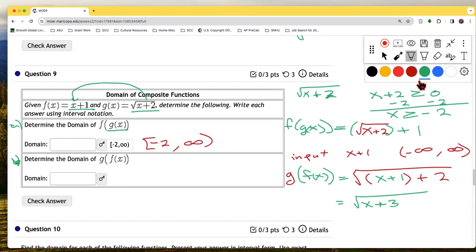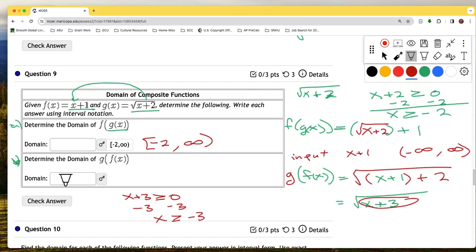We are going to have a different domain. We've got to take the inside part, that x plus 3 has to be greater than or equal to 0. Otherwise we get imaginary numbers. Subtract the 3, x has to be greater than or equal to negative 3, not negative 2 now.